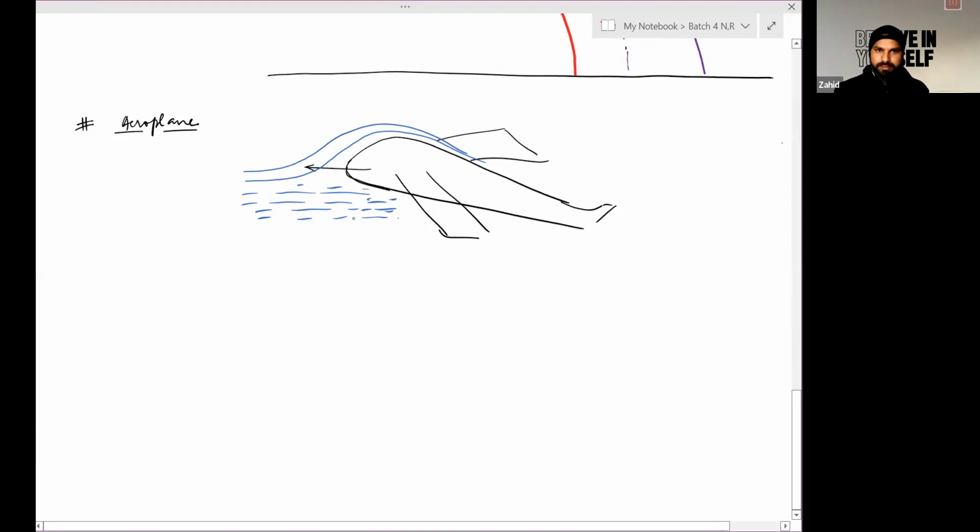So at the bottom part, velocity will decrease, but at the top surface velocity will increase.